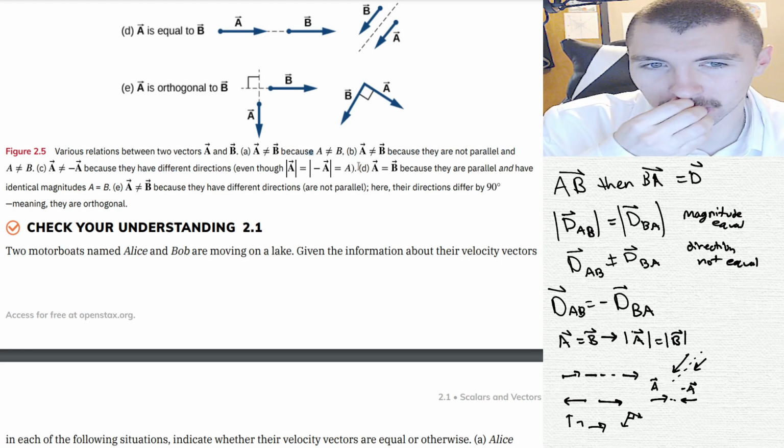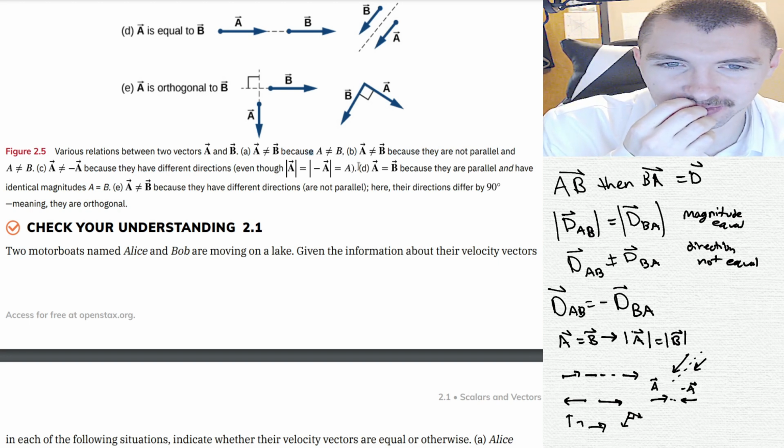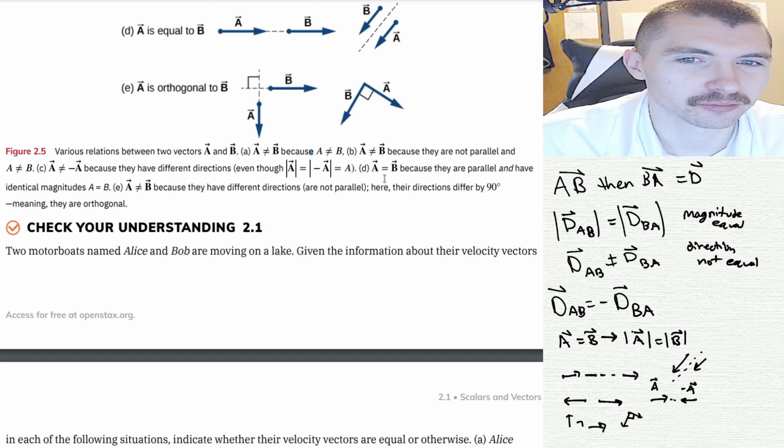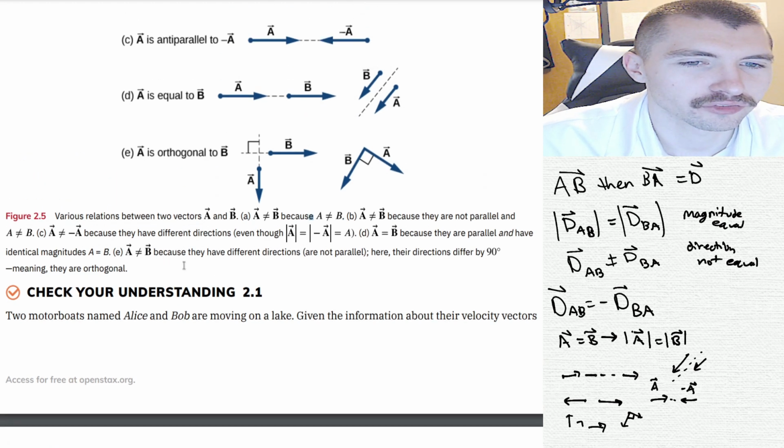I think they're using the capital letter here for magnitude, right? So A and B are not parallel. There's a lot of information here.